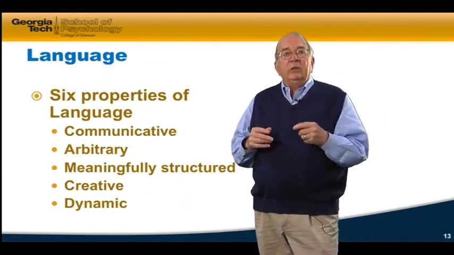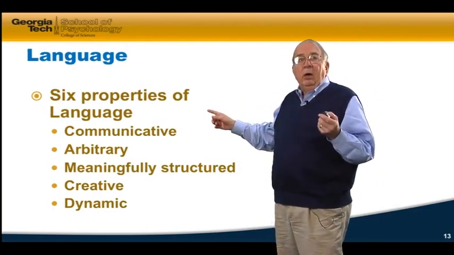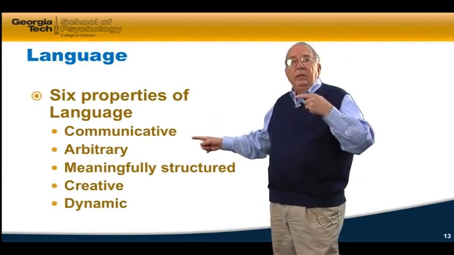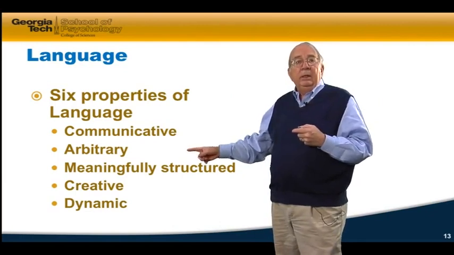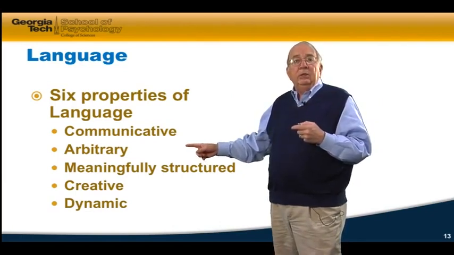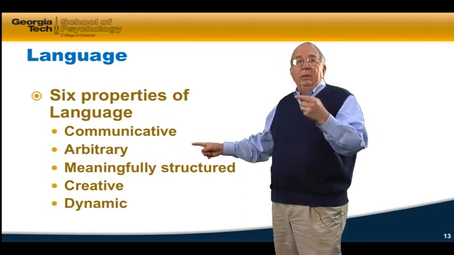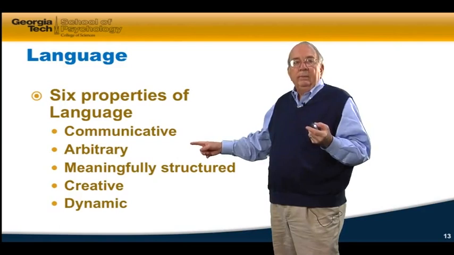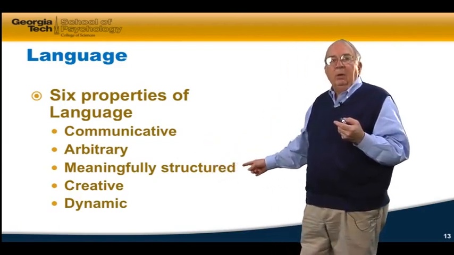So when we go back to the first slide, which says the 6 properties of language, what do non-humans show? Well, they clearly are communicative. They clearly are using sounds to represent things out there in the environment. They are arbitrary. They represent the actual thing, but aren't equal to it. The question is whether it's meaningfully structured. Do we have grammar or do we not?